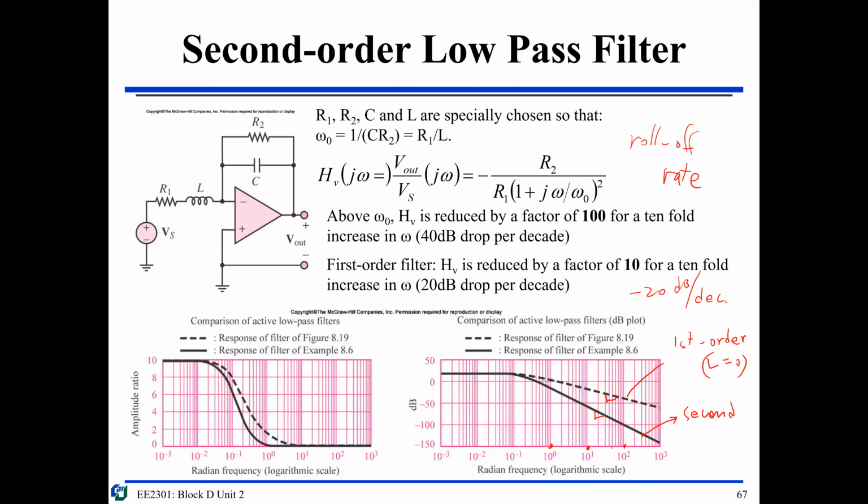So this is called dB per decade. Let's check. 20 dB per decade. Then from here, 3 decades is 60 dB, right?